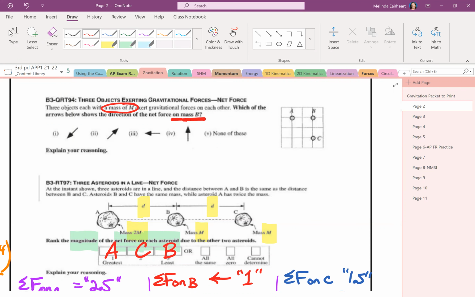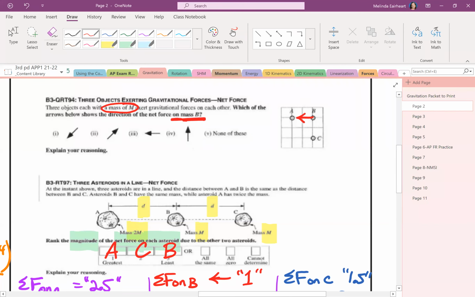Well, A and B are attracted to each other. What direction is that force on B, just due to A? By the way, we're going to have identical mass, identical distances, 2 grids between A and B, 2 grids between B and C. And so this is more about direction, the magnitude. But A is going to pull on B to the left.